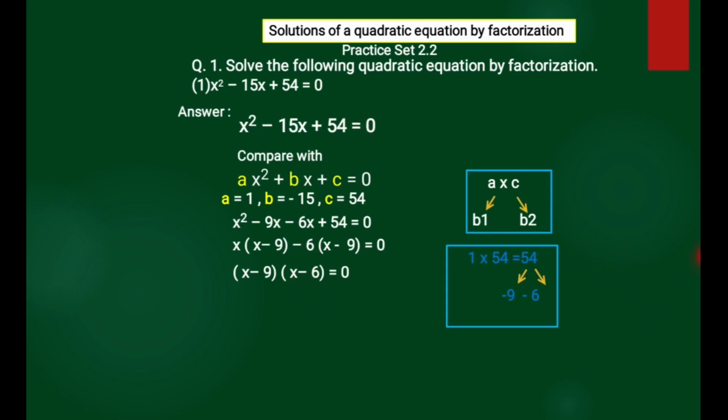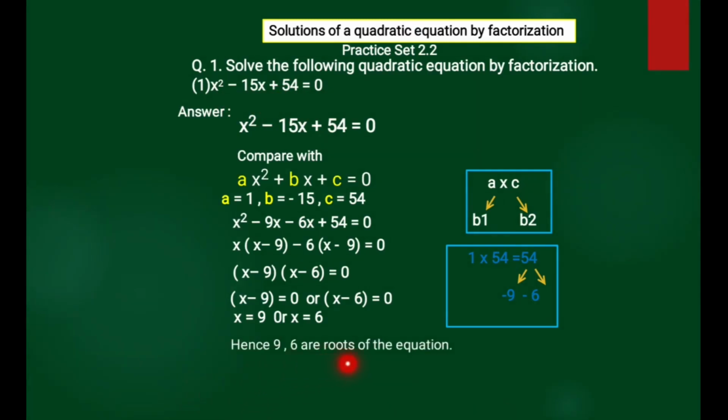So we write x minus 9 equals 0 or x minus 6 equals 0. Therefore from the first, after transferring minus 9 to the right hand side, we get x equals 9, and for the second, after transferring minus 6 to the right hand side, we get x equals plus 6. So 9 and 6 are the solutions of this given quadratic equation.